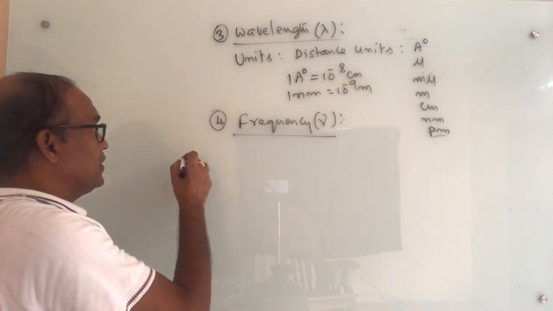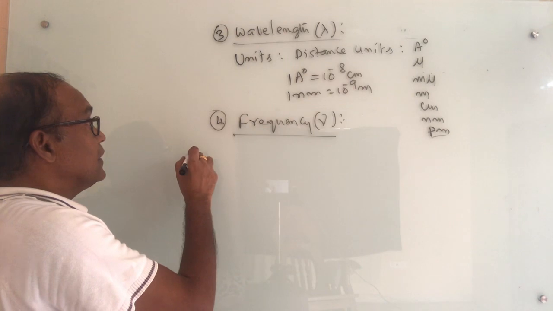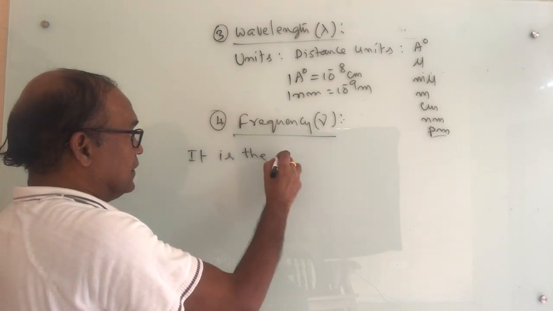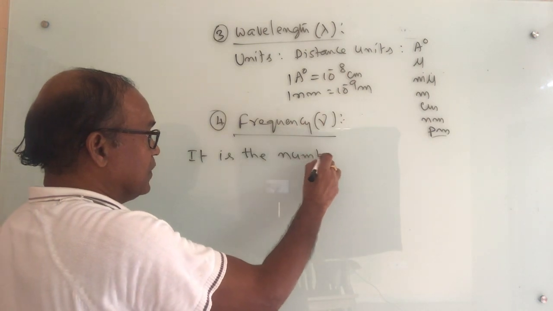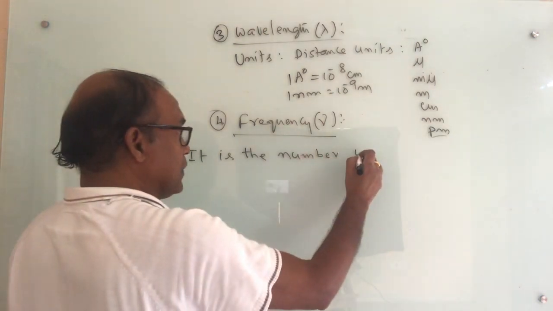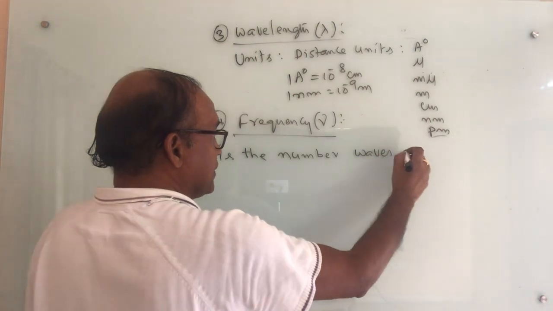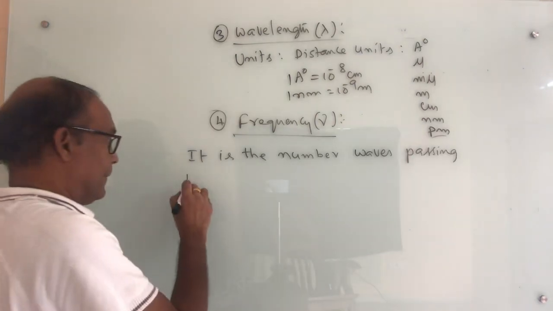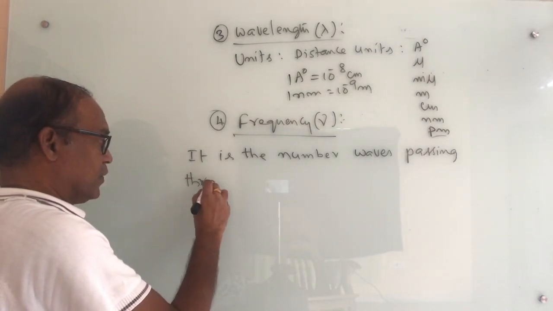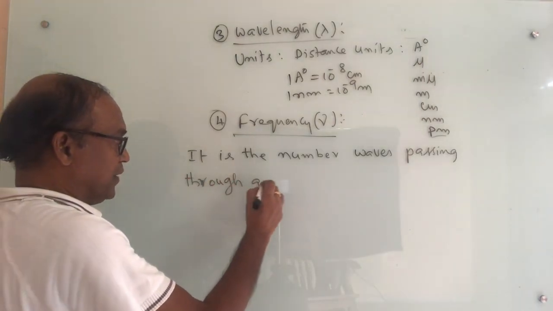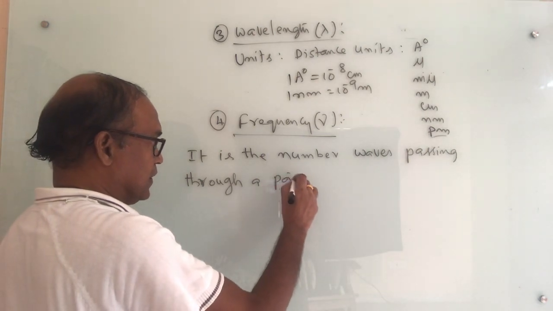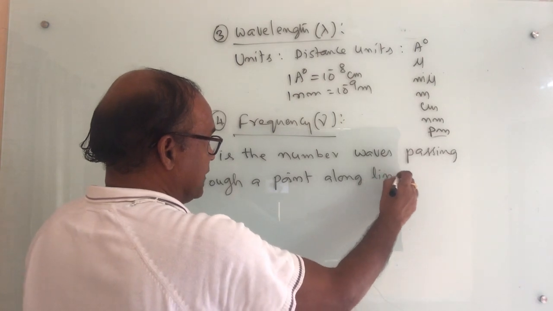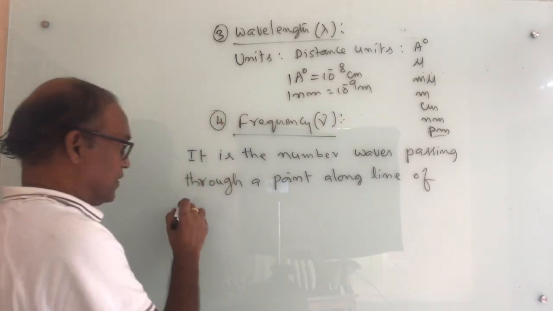As per the definition, it is the number of waves passing through a point along the line of propagation.